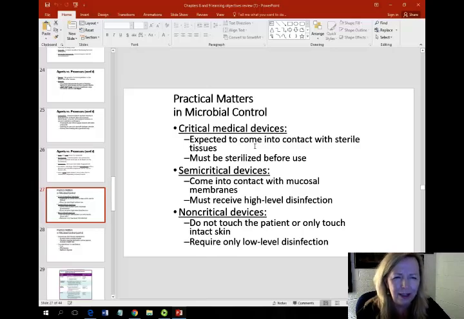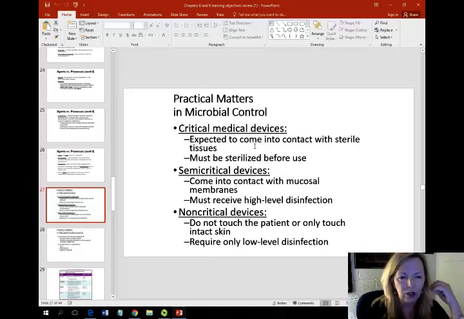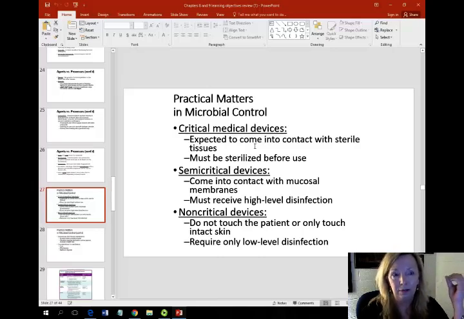Semi-critical devices come in contact with mucosal membranes, so this is going to require a really high level of disinfection. And then non-critical, though I still consider these sort of semi-critical, like stethoscopes.